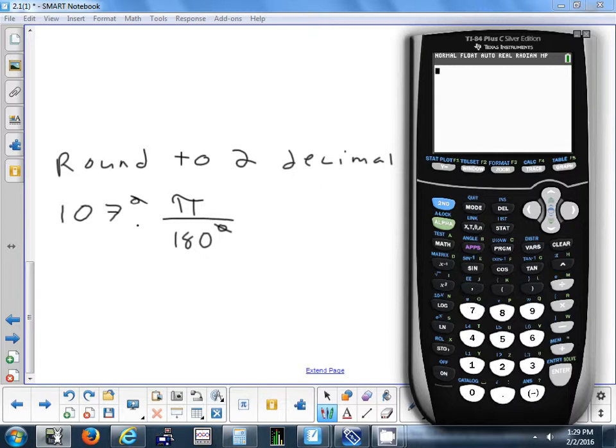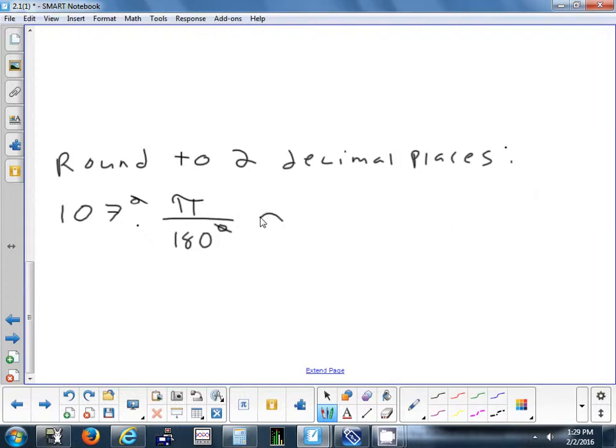I'll show you why on the next problem, but just use the pi button. Pi divided by 180. Okay, so we get about 1.87. Should I put RAD on the end? No. That's understood to be a radian if it's not labeled.